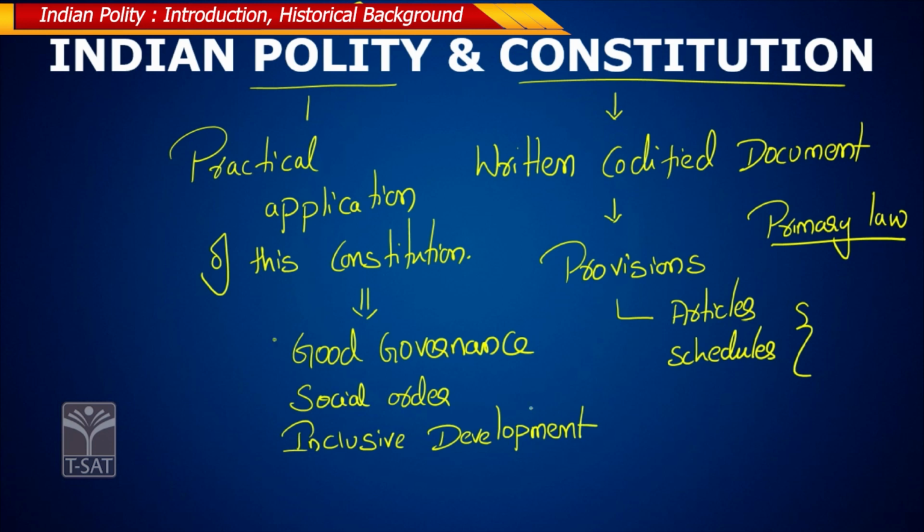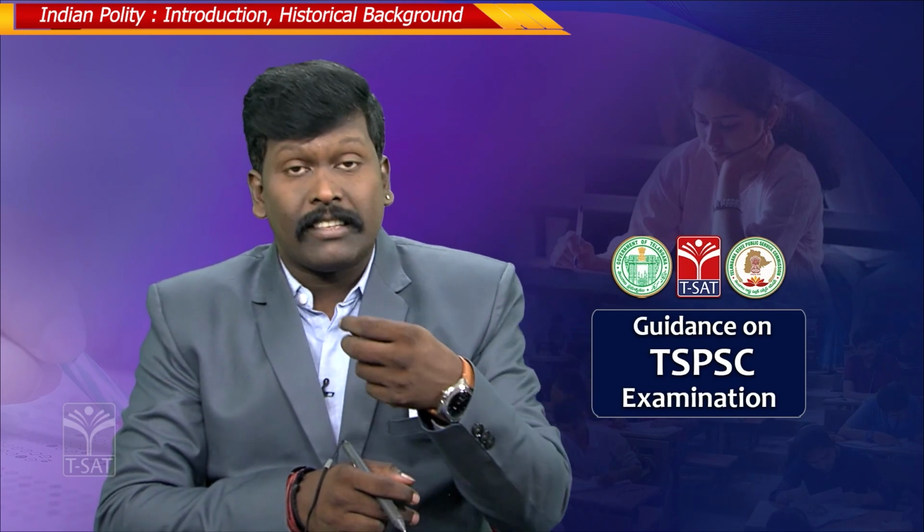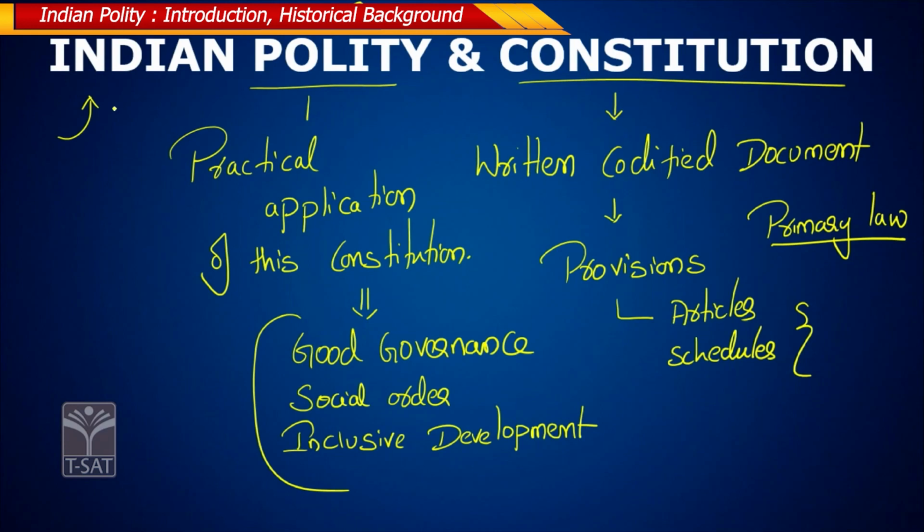Look at this: the objective of polity, the procedure of applying the constitution of India, is to bring governance in the country, to ensure inclusive development, to ensure sustainable development, to ensure order in the society. This is the primary law of the land.